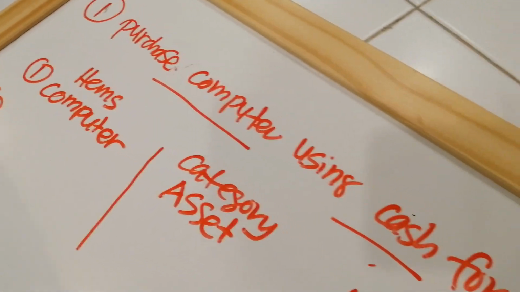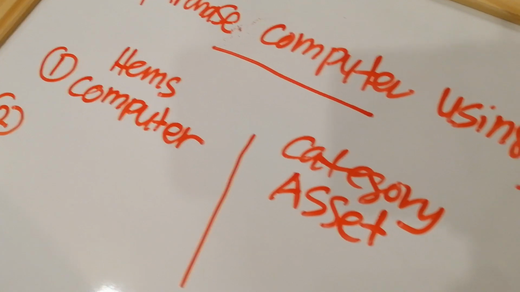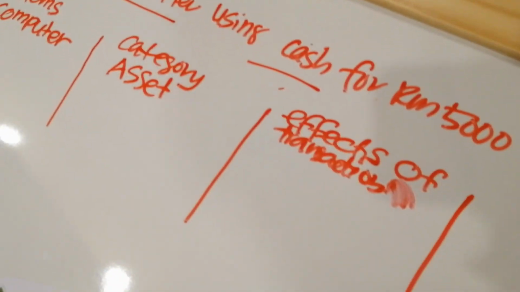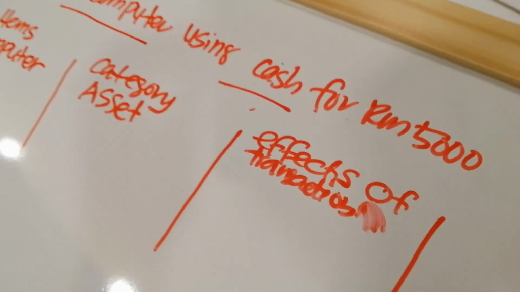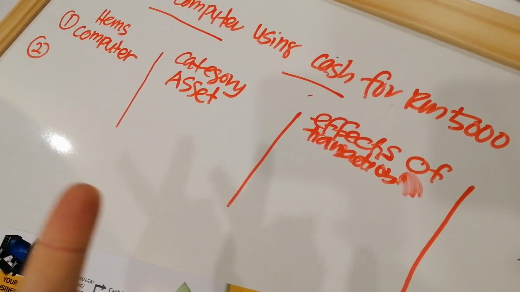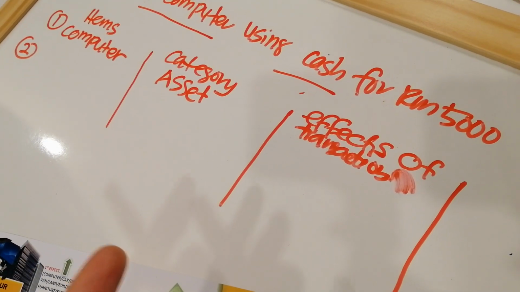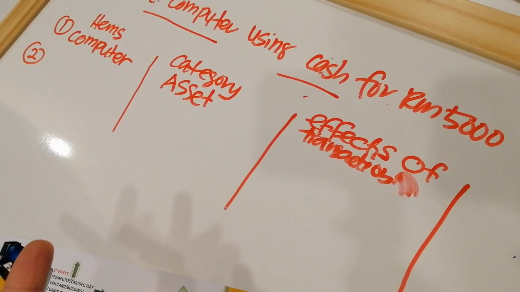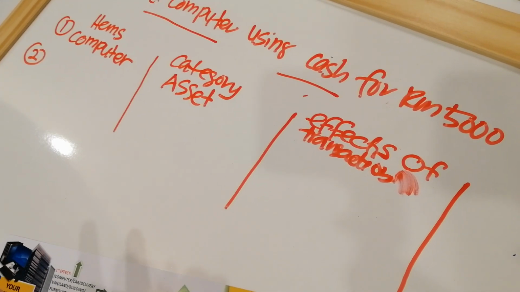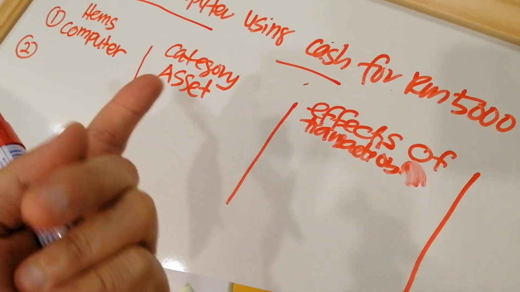When business purchase computer, computer is under asset. So before this, maybe business tak ada computer or business have one computer. Now, business have another computer. So, what is the effects? Is it effects for asset increase or decrease?